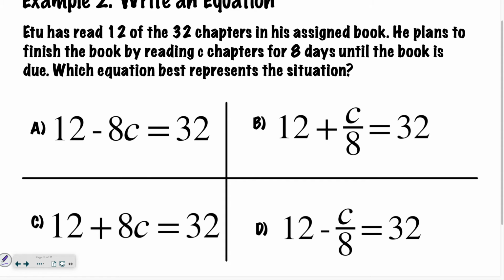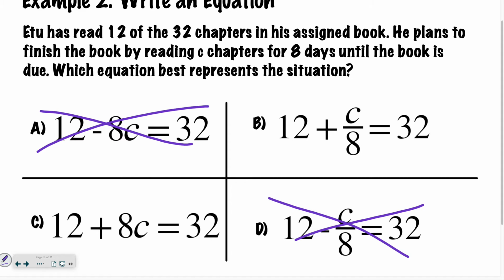All right, so hopefully as you looked at these problems, you thought about, okay, if he's already read 12 of the chapters and he's reading 8 more every day, you know that you would add those together in order to get the total 32. So if I look at that, that means that I can cross off letter A because I'm subtracting them, and letter D because I'm subtracting them.